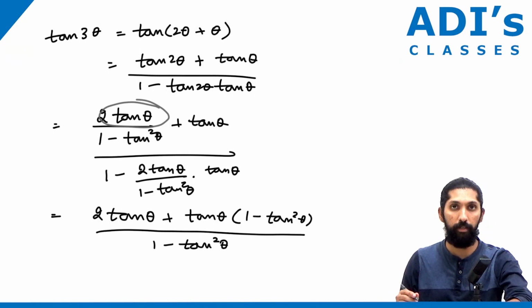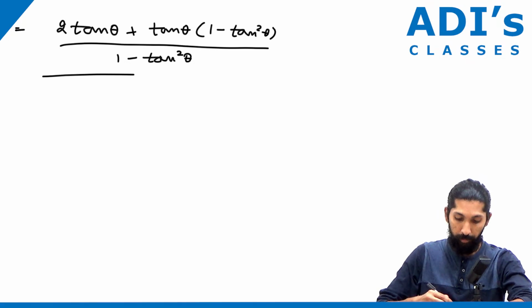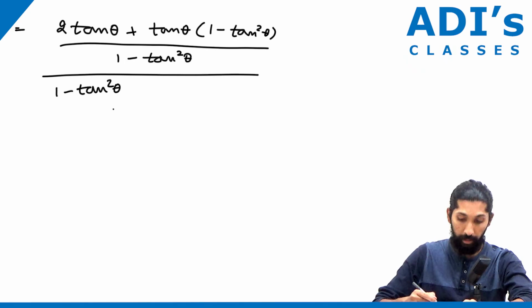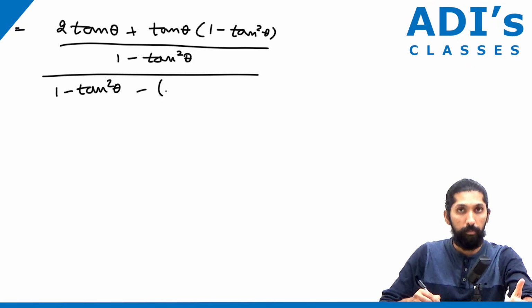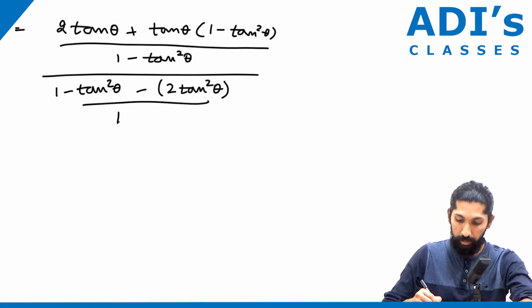This is just the numerator. Now for the denominator, the whole thing divided by 1 minus tan square theta, correct? Minus of, basically these two we are multiplying, 2 tan square theta whole divided by 1 minus tan square theta.